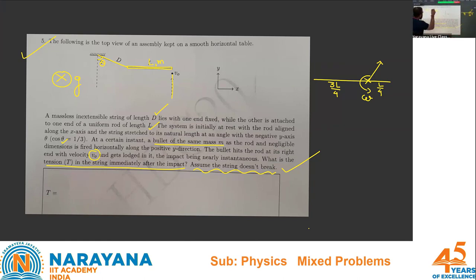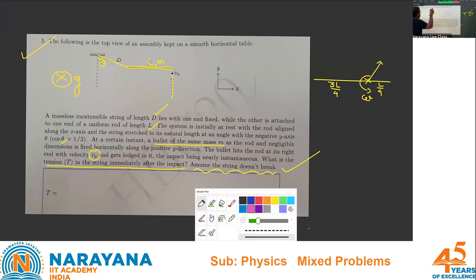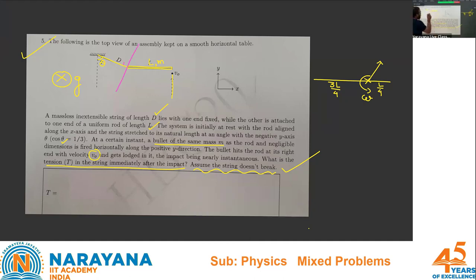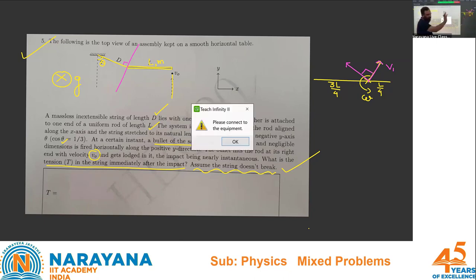So if I take this direction, which is perpendicular to the length here, I take one velocity which is perpendicular, call it v1. And I talk about some velocity in this direction. I'm not interested in writing this right now. We'll eliminate that term, don't worry.